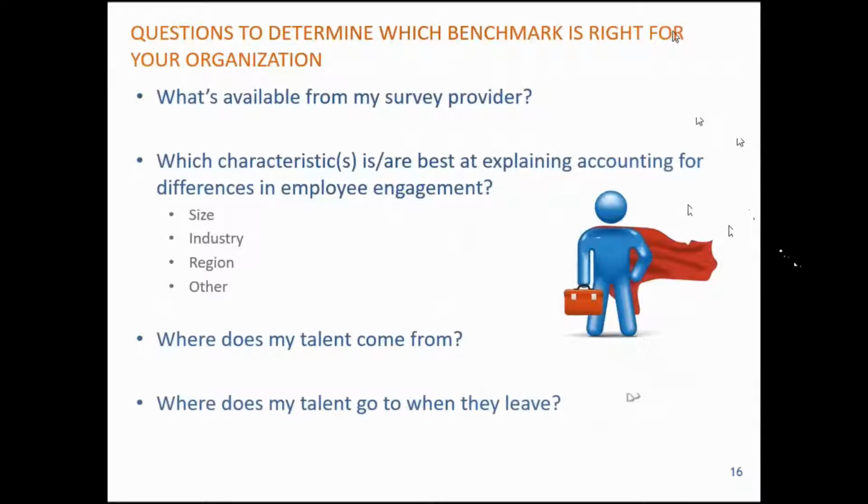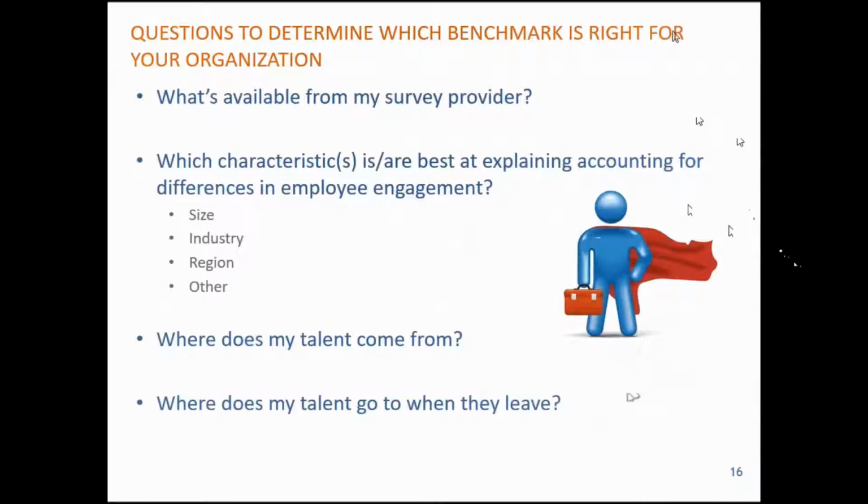Why? Well, because A, you want to retain them, B, you want them to be more productive, C, you want them to be happier, and D, ultimately you want to use a strong level of engagement in your organization to recruit talent.